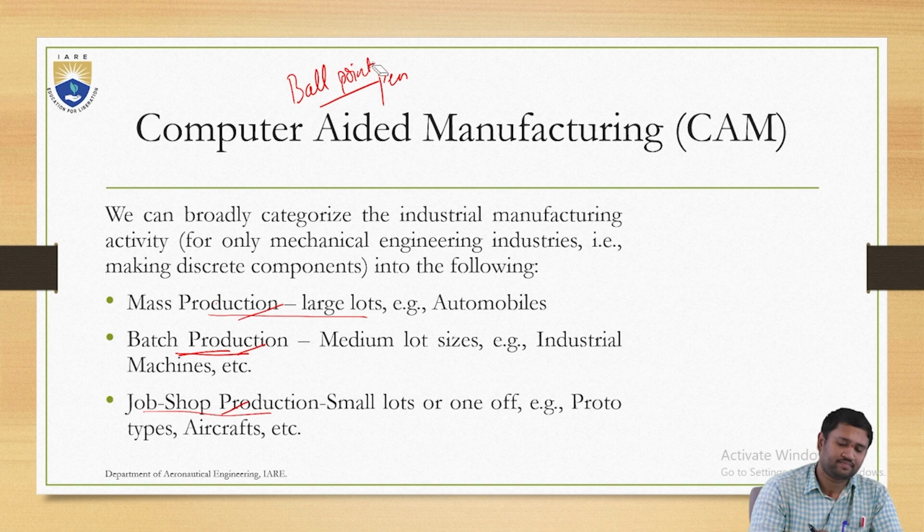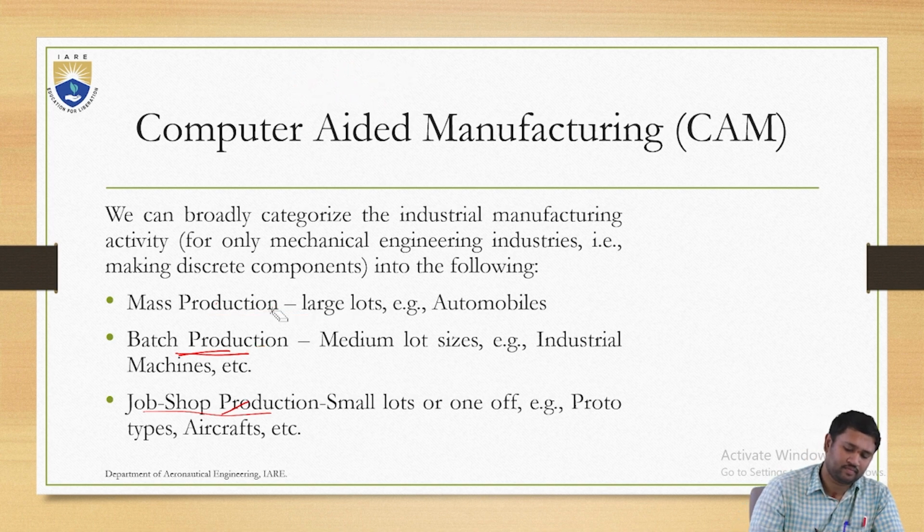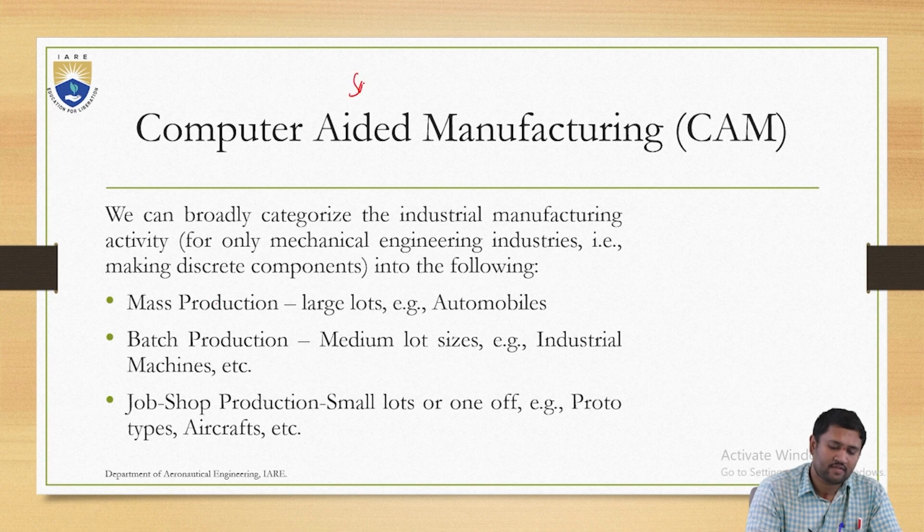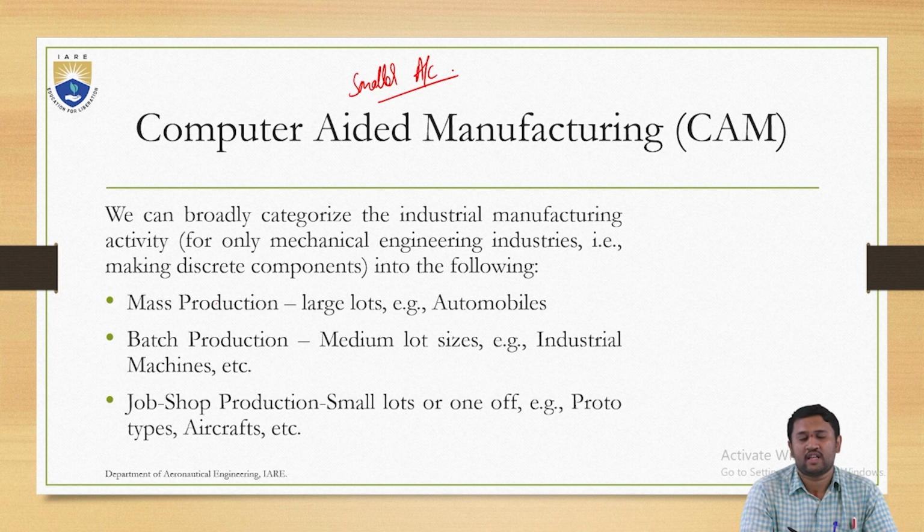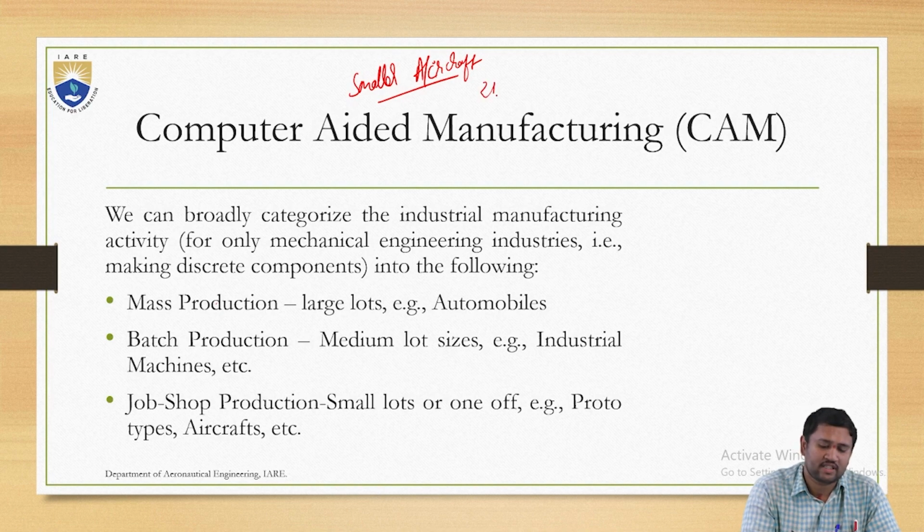For example, smaller aircraft, such as small passenger aircraft or small training aircraft, which are made according to order, as they are not that much used in the current generation or 21st century.